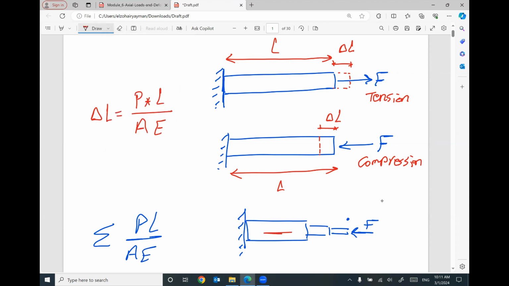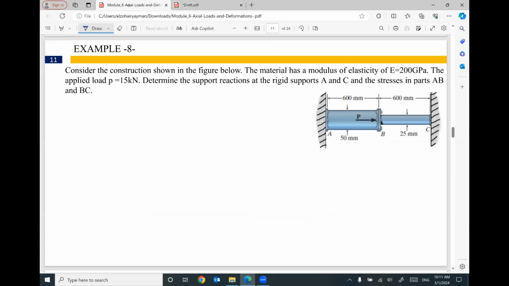We have part number 1, part number 2, part number 3. So you have to figure out what is the force in each part, what is the length of each part, what is the cross-section area of each part, and what is the Young's modulus of each part. Does that make sense?